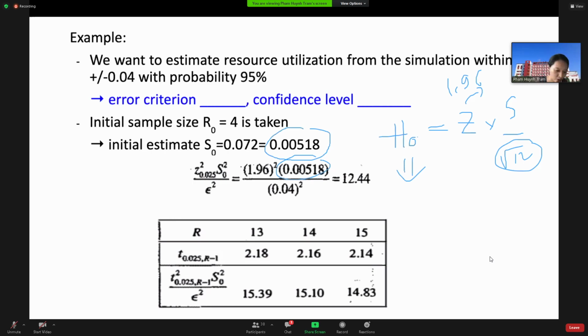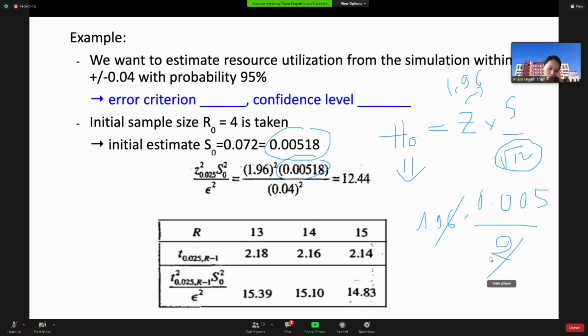Divided by the square root of 4, which is 2, and times 1.96. Yeah, it's about that.